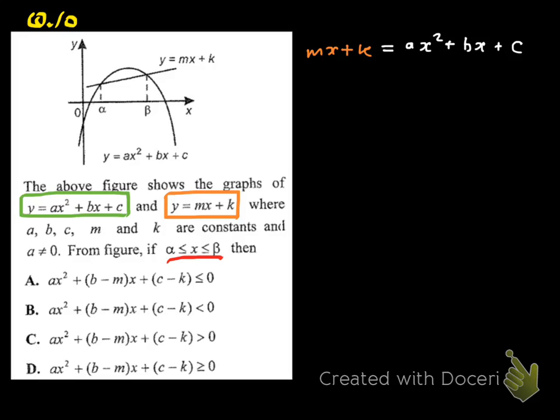Now for the region where x is between alpha and beta, that will be the area just above the line, below the curve. So that means these are the values where the curve has a y value bigger than the straight line.